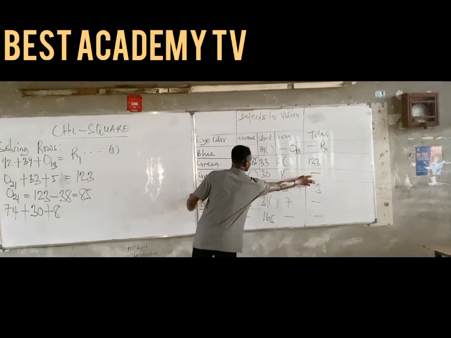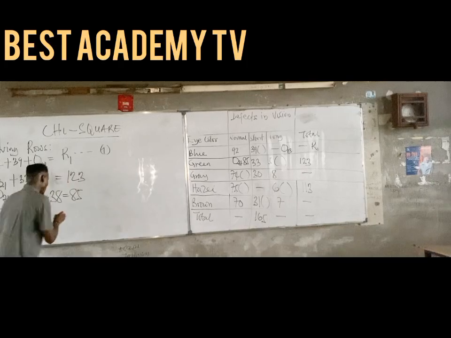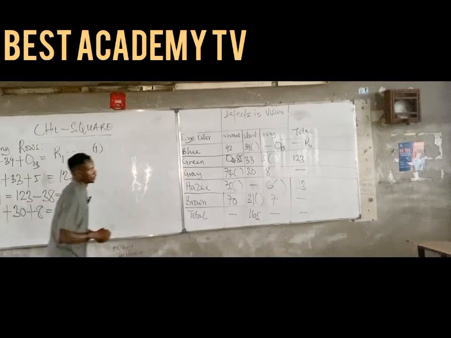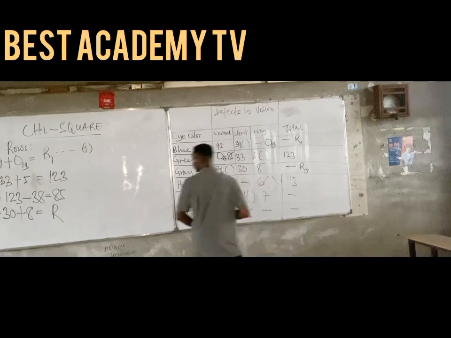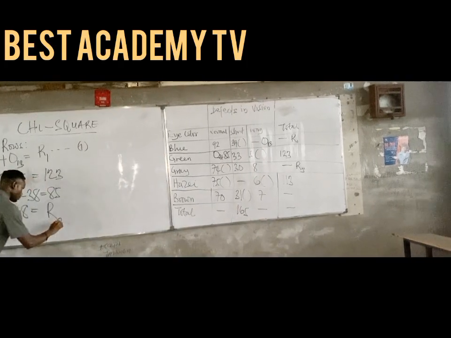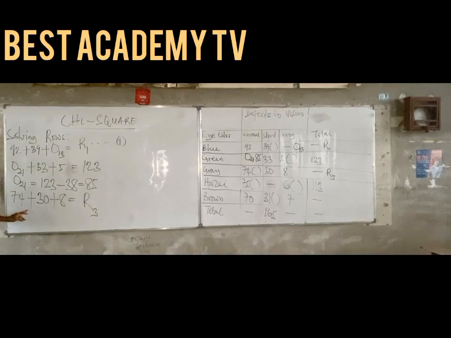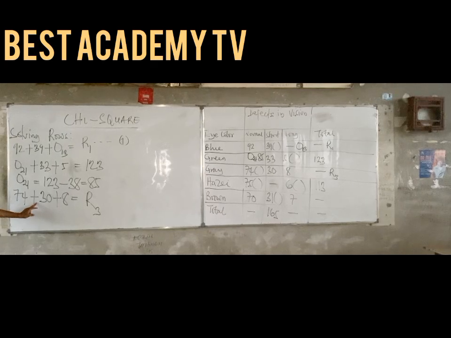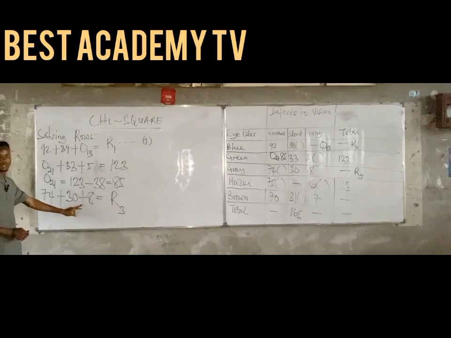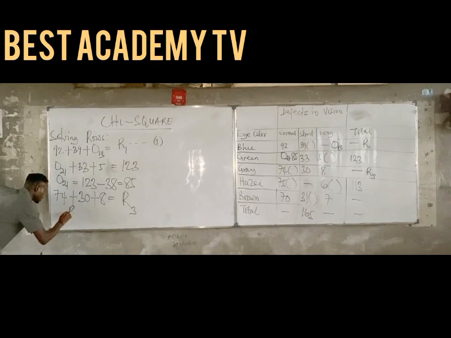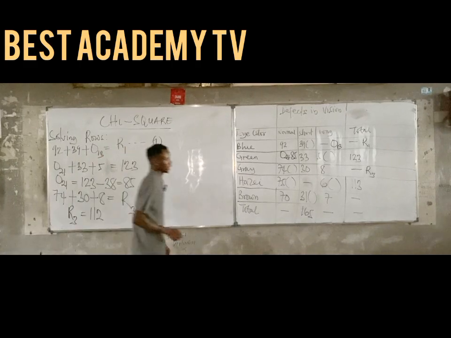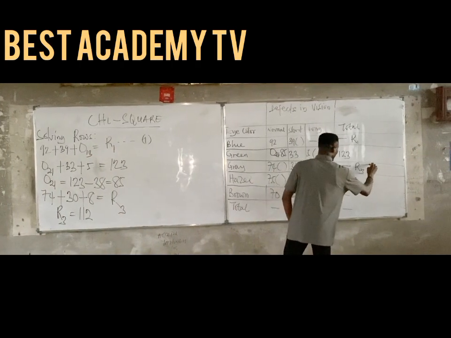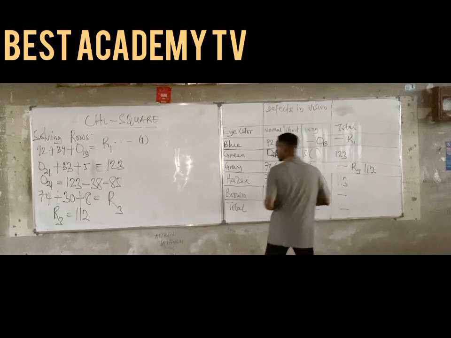This is the total, row 3, 74 plus 30 plus 8. What is the answer, please? You say 112. Please take note. I write this to be 112.